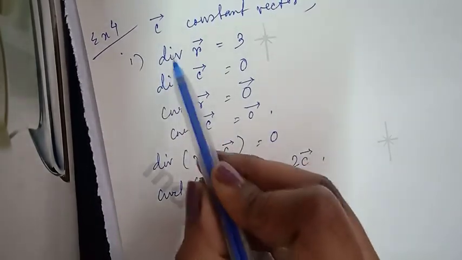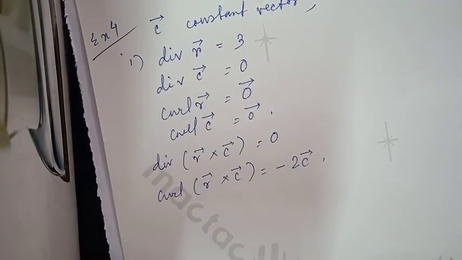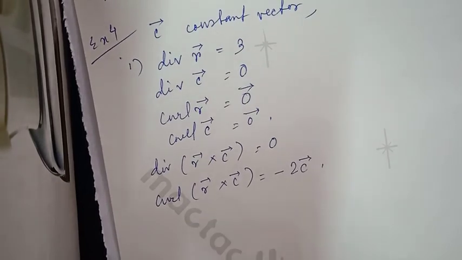Okay, all these things 1, 2, 3, 4, 5, 6. Total 6 things you need to prove for any vector R and any constant vector C.